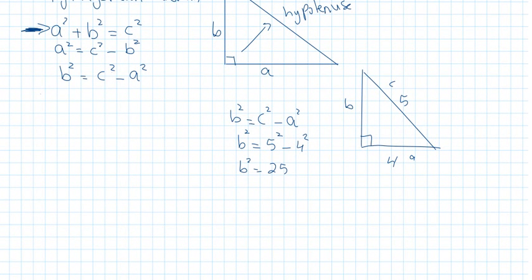Minus 16, so that is 9. So B squared is 9. I need to find B, right? So to find B, I just have to square root both sides, and that tells me that B equals 3. Okay? So I use Pythagorean theorem to solve for the third side, knowing two sides.